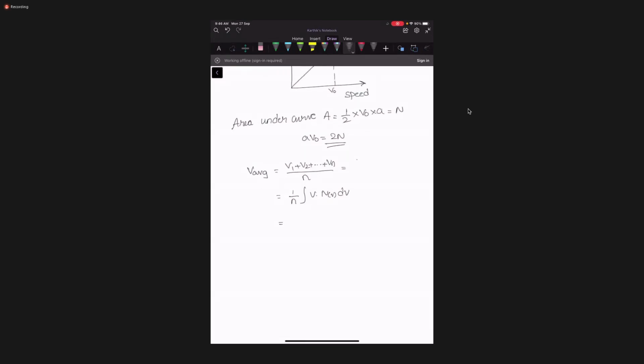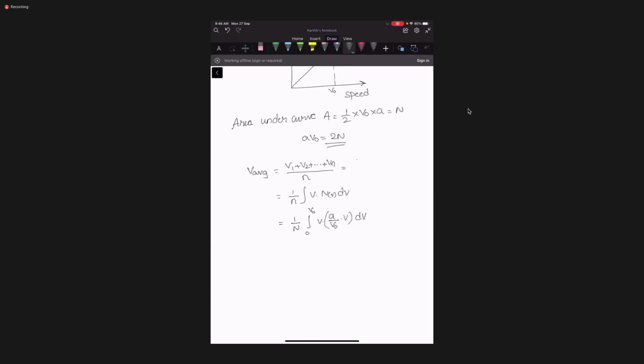Clear? So it will be 1 by N integral from 0. Beyond V naught it is not there, no? Correct? So it will be, N is how much? A by V naught into V into dV.